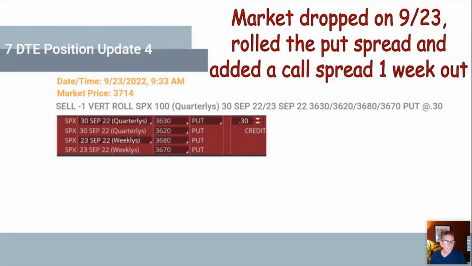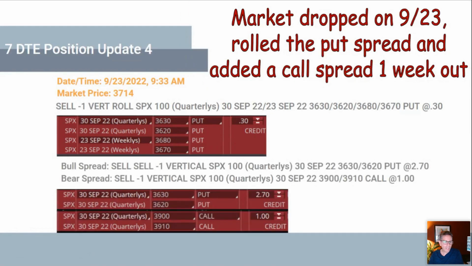This time we had to adjust the put spread, because now it was being threatened. We rolled it from 36.80, 36.70 to 36.30, 36.20 and received a 30-cent credit, and on the call side, we added another call spread. So this is a third call spread added in this one position.